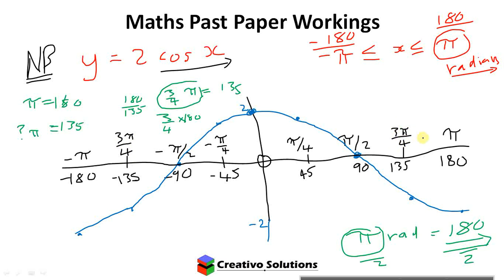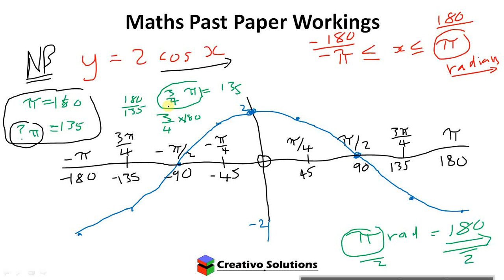Yes. Basically it's an equation. Pi equals 180, question mark pi equals 135. Solve for that. 180 divided by 135 gave me 4 over 3. If I inverse it, I get 3 over 4.